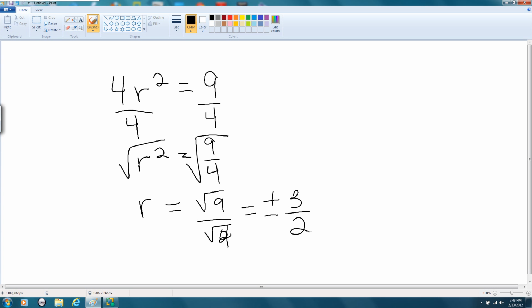It's plus or minus again because we have the principal positive square root, and we also have a negative square root. So we would say r is equal to plus or minus 3 halves, or the solutions are negative 3 halves and positive 3 halves. Okay, I think I'll end this video for now, and that'll give you an introduction at least.